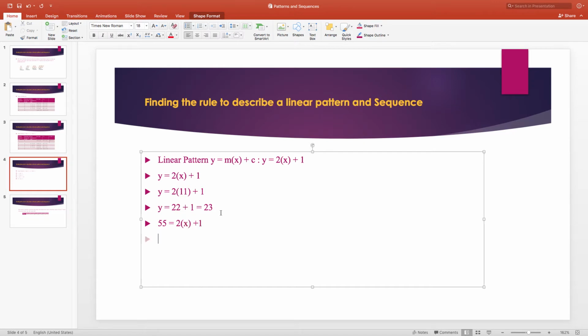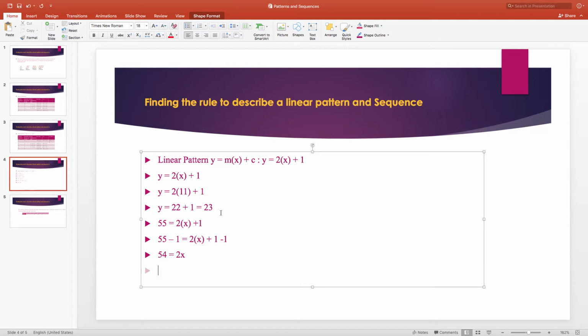So first of all, I'd subtract 1 from both sides, so 55 minus 1 equals 2 times x plus 1 minus 1. 54 equals 2x. And now I divide both sides by 2.